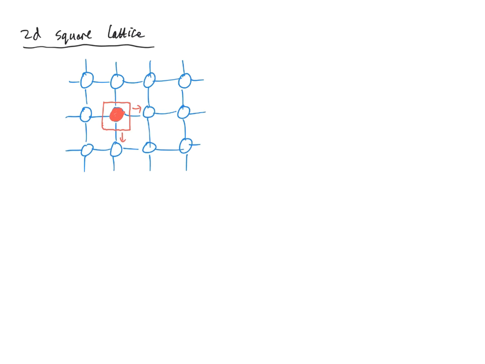We need to introduce the idea of a lattice vector. So the lattice vectors here, there are actually two of them. We'll call them A1, which is a lattice constant A0 times the vector (1, 0, 0), and A2, which is a lattice constant A0 times (0, 1, 0).